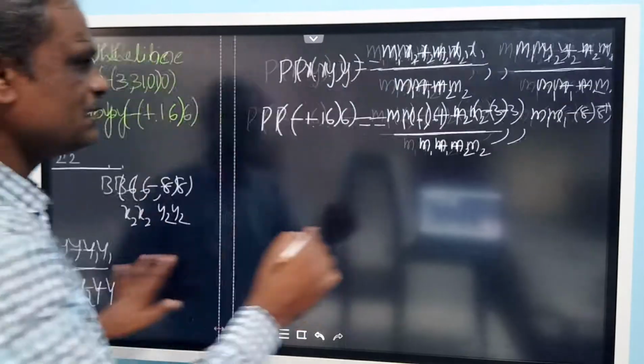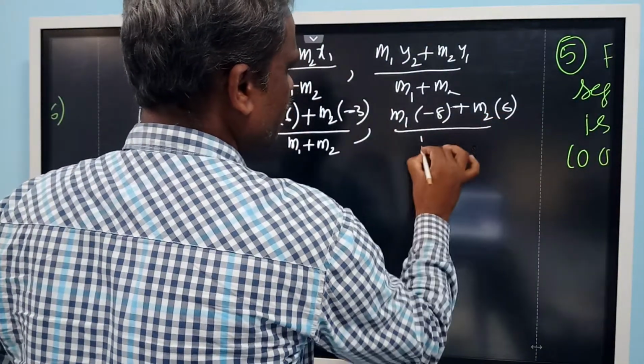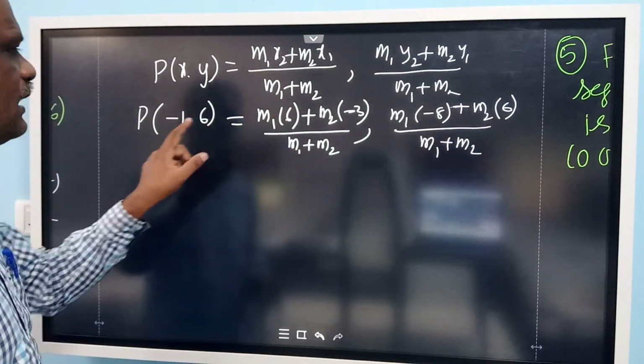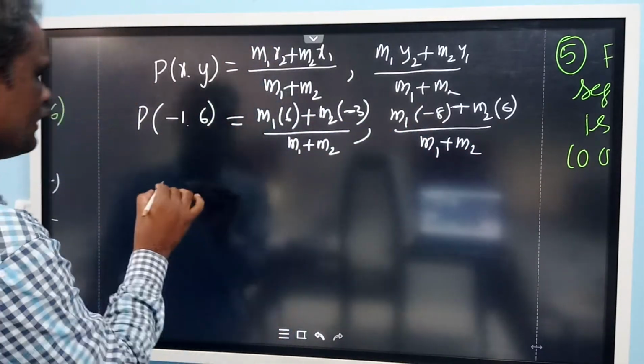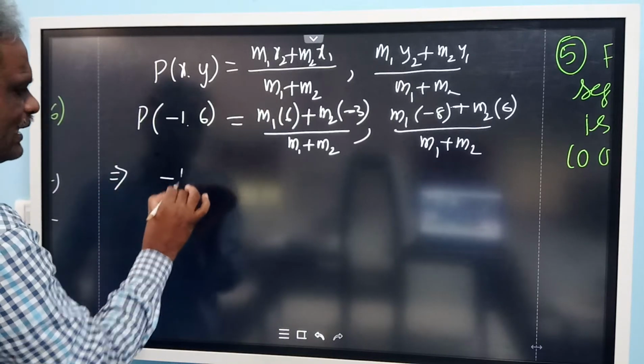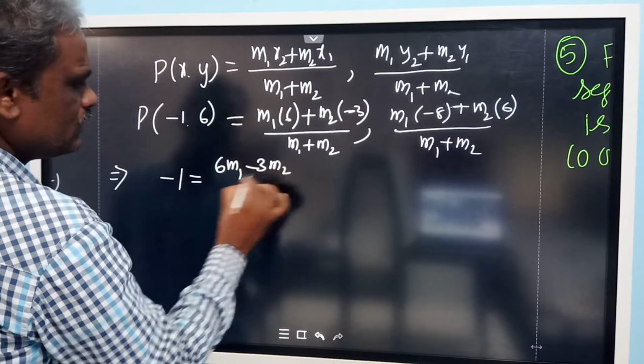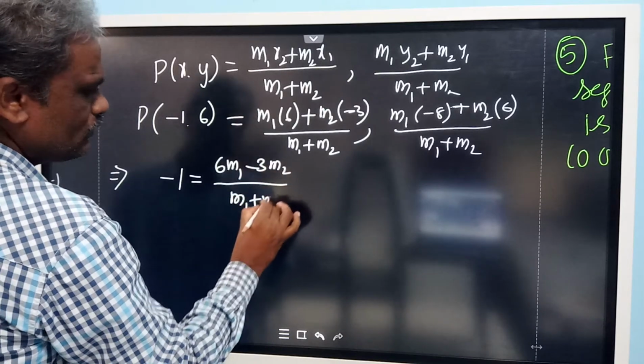What is Y1? It is 6, divided by M1 plus M2. Equate either this one to this or this one to this, any one you equate. From this it implies minus 1 is equal to 6M1 minus 3M2 divided by M1 plus M2.